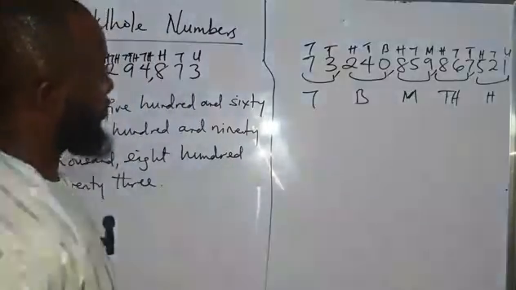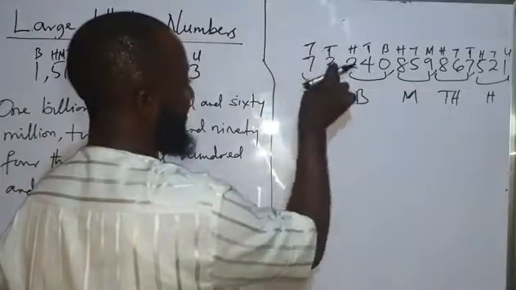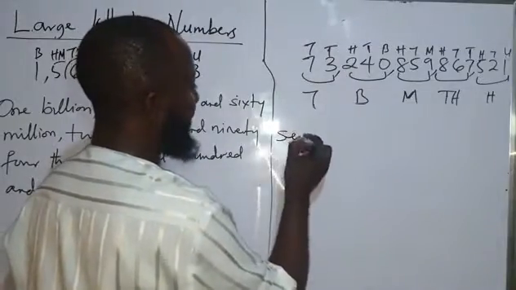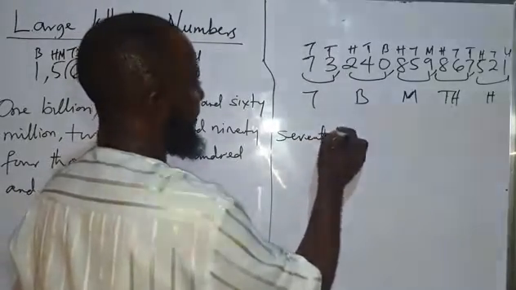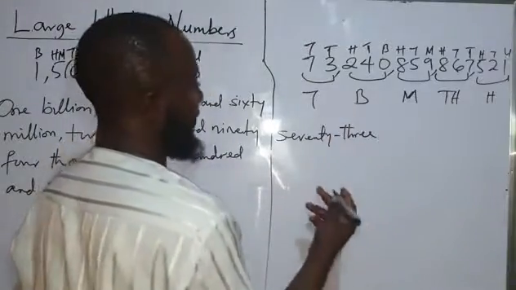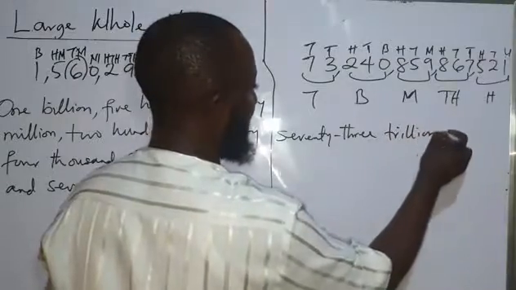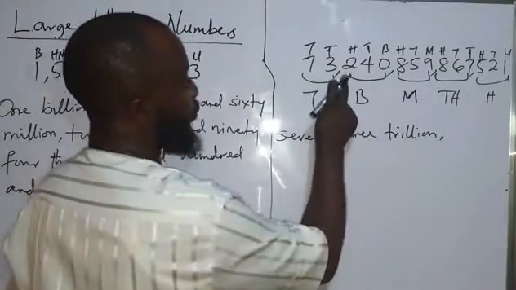So in this case, we want to do this one. This one is under trillion. What do you have there? 73. Some will put that here. It doesn't matter. 73 trillion, still the same thing. 73 trillion, comma, 200.